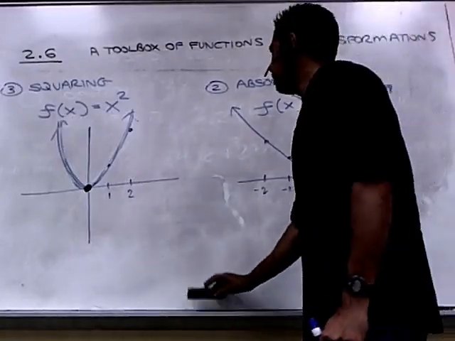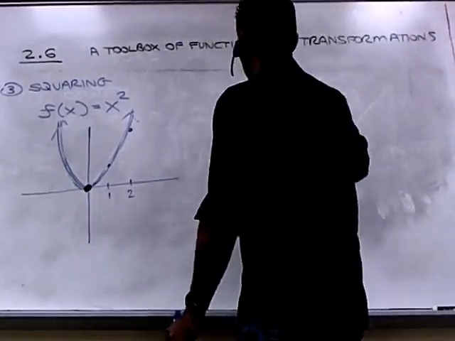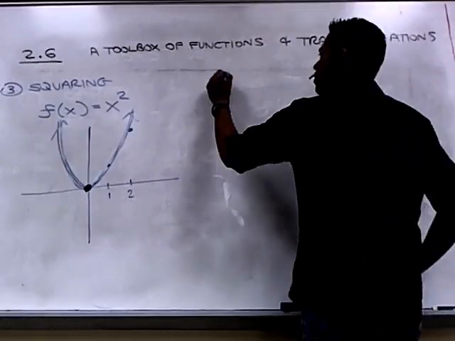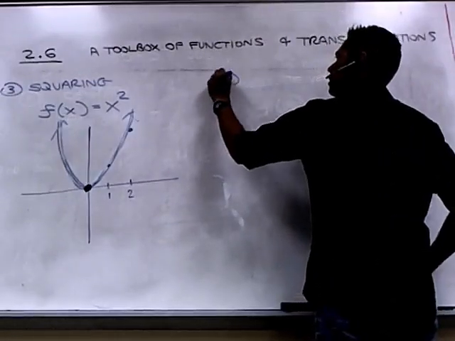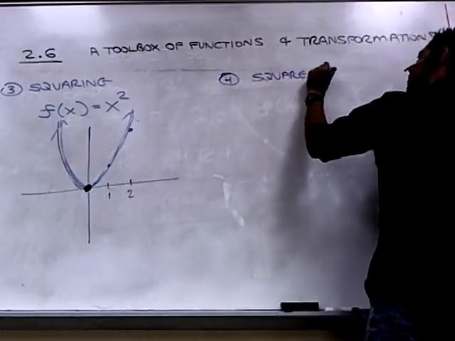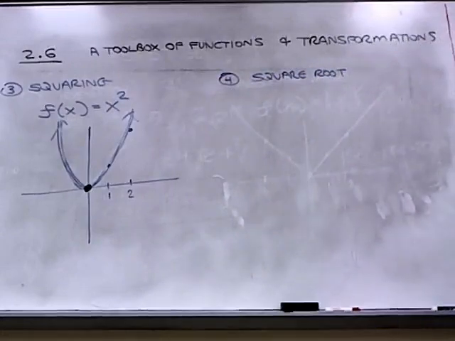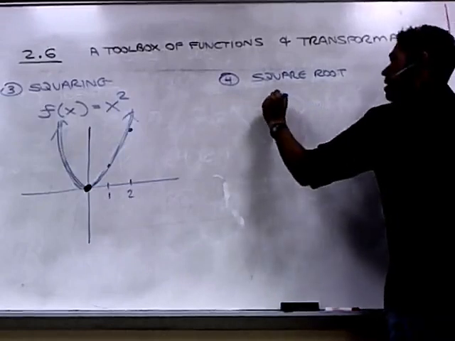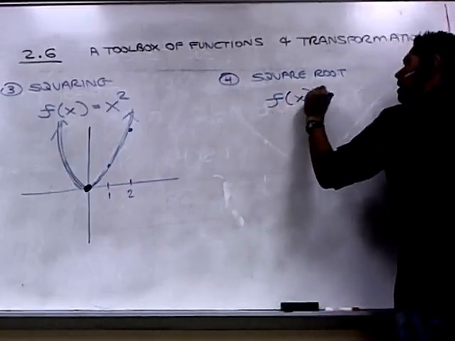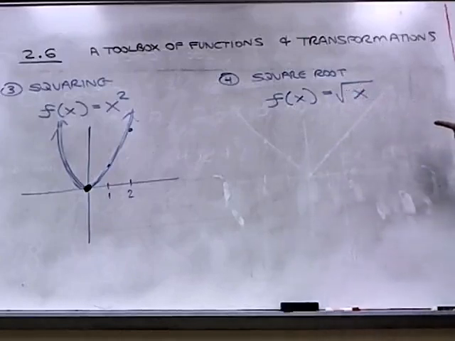The next one is not the squaring function, but the square root function. The square root. And so what it does is whatever you plug in, it takes the square root of it. Now we actually run into some danger here, don't we? Because you can't take square roots of negative numbers.